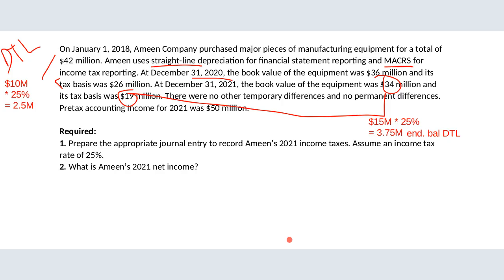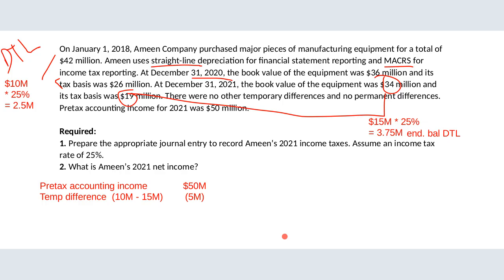Sorry, guys. 10 million minus 15 million. So our tax deduction is 5 million for the current year. Okay, so this is in 2020. This is cumulative in 2021. So we have a net increase of 5 million, which is gonna be deducted in calculating our taxable income. So taxable income is 45 million.